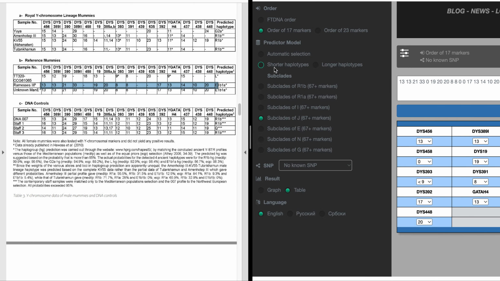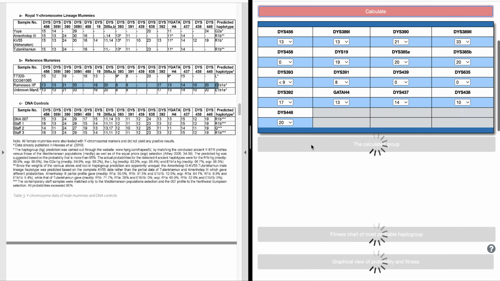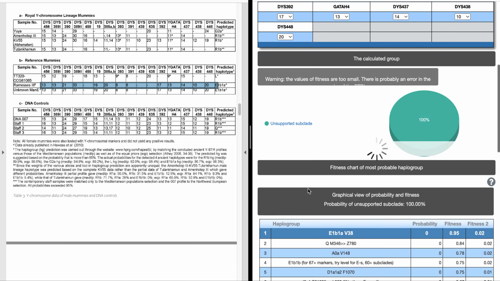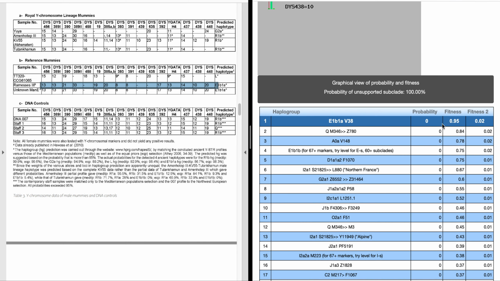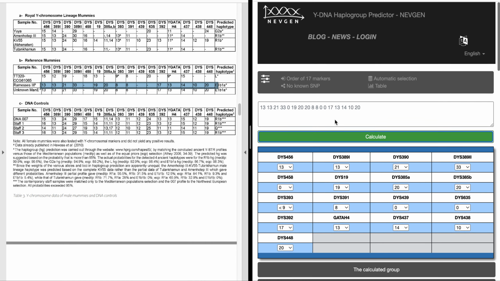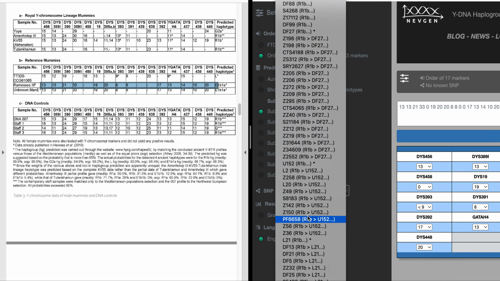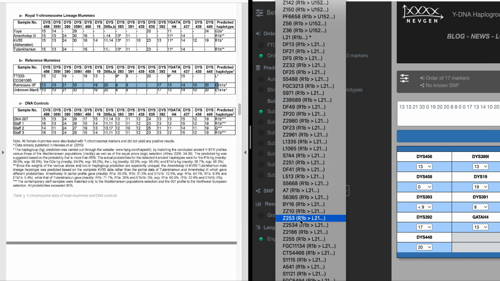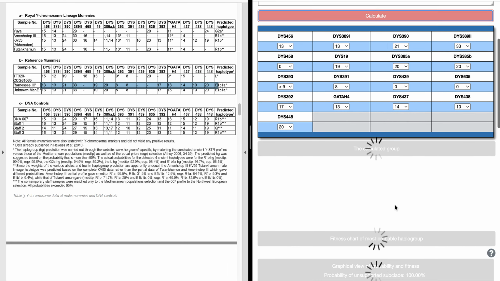All right, make sure it's on automatic. So 0% E1B1A, 0%. All right. Let's do that R1b, subclade of R1b, and we had the SNP of Z253. Calculate that.